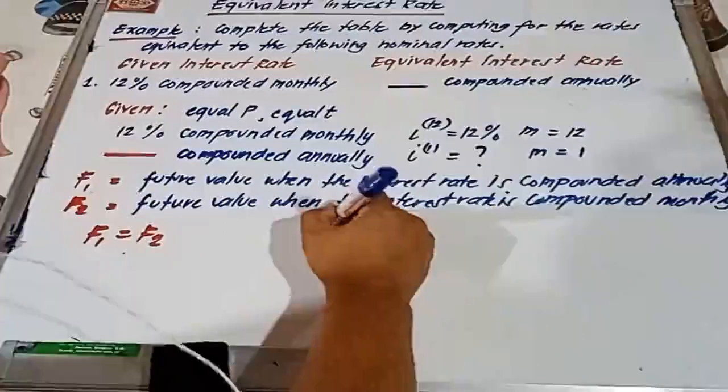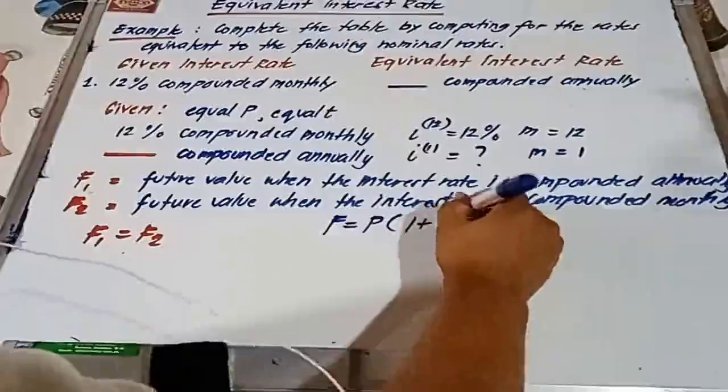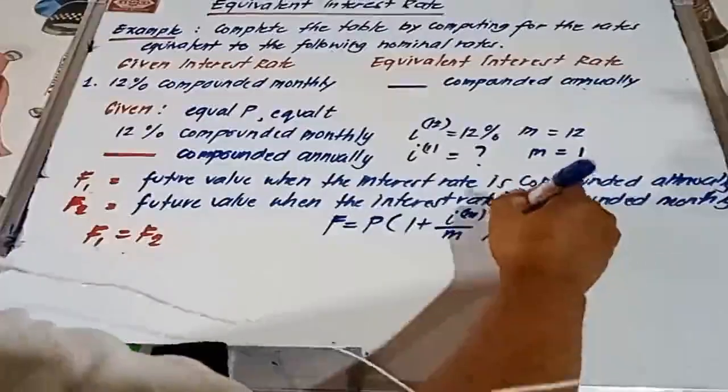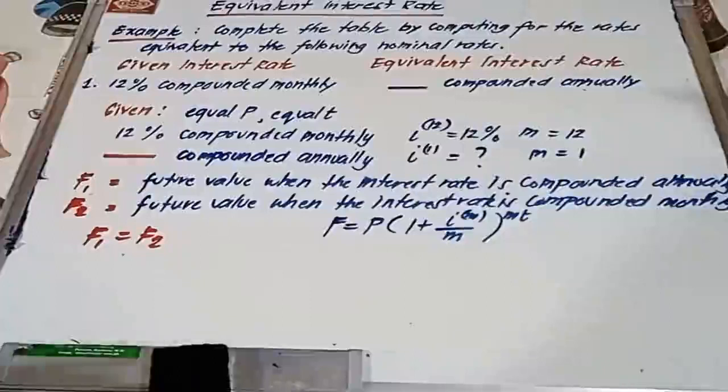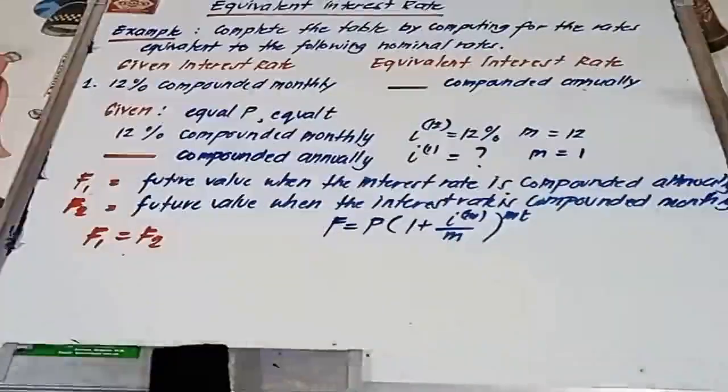That is F equals P(1 + j/m) raised to mt. So we have two future values at itong future values na to equal sila. Nagkaiba lang sila dun sa frequency of periods. At the same time, mababago rin yung kanilang interest rate. But when it comes to the present value at saka yung time niya, iisa.